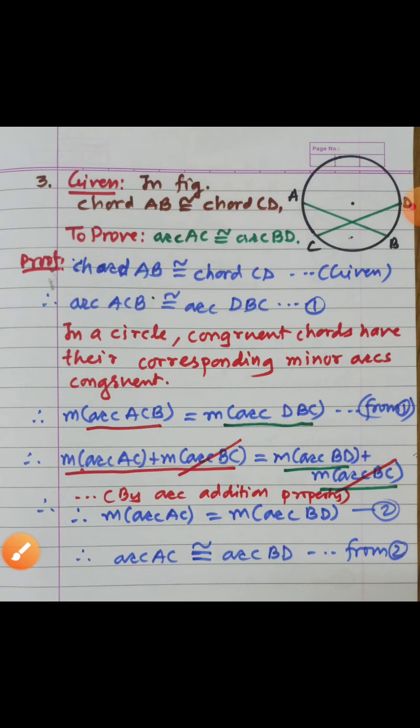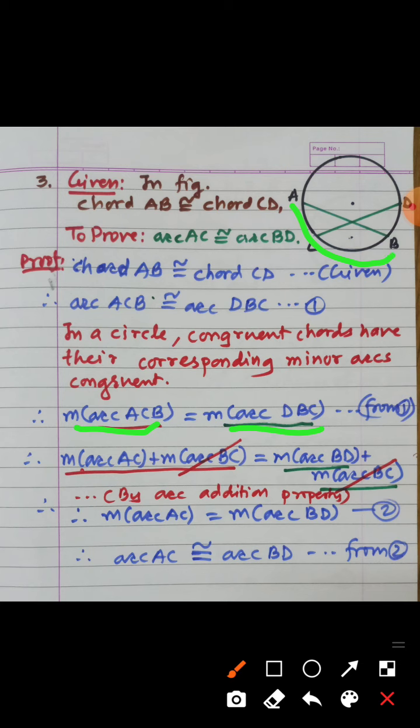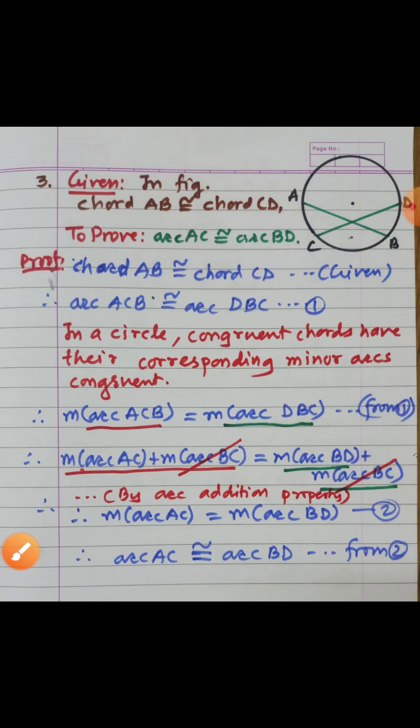Therefore measurement of arc ACB will be equal to measurement of arc DCB. But we know that in the figure, the arc ACB is the sum of arc AC and CB. So therefore measurement of arc AC plus BC is equal to measurement of arc BD plus BC.